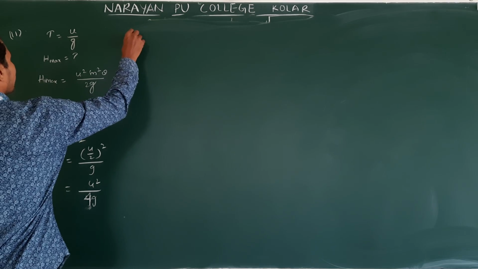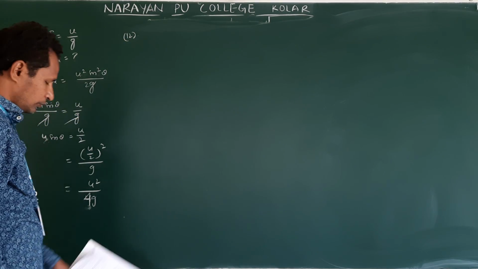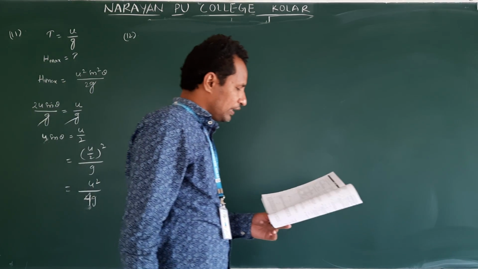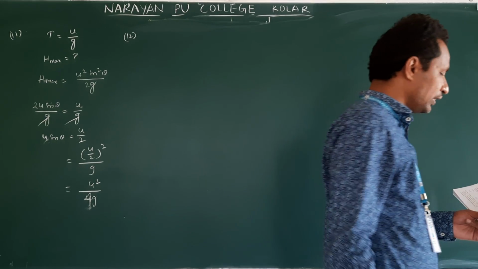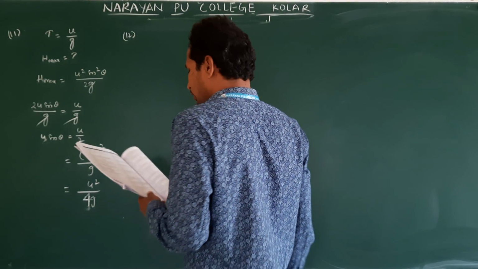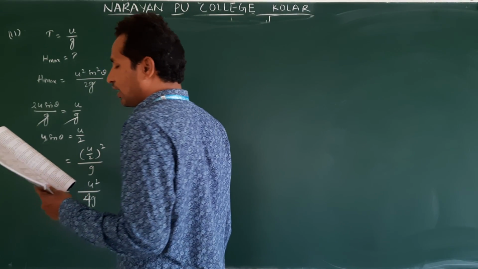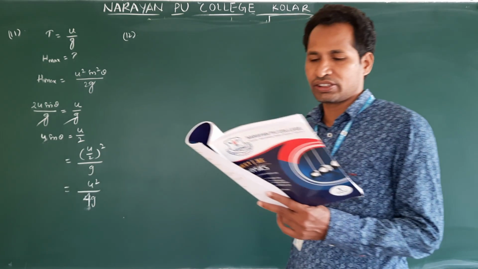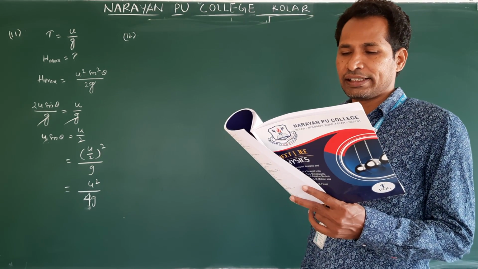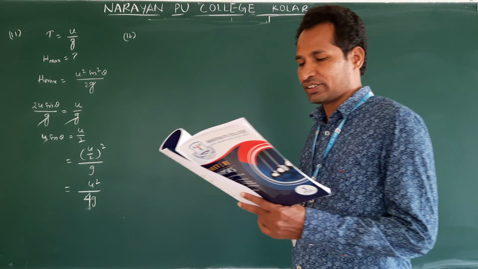Next, 12th one. The velocity of projectile is v, and R is equal to 4 root 3 h. The range of the projectile on a horizontal plane is?